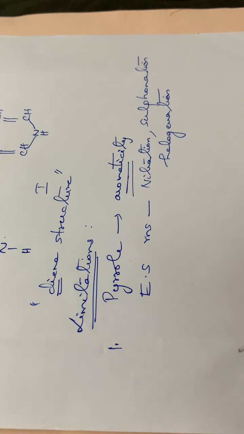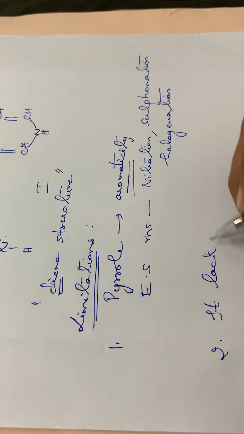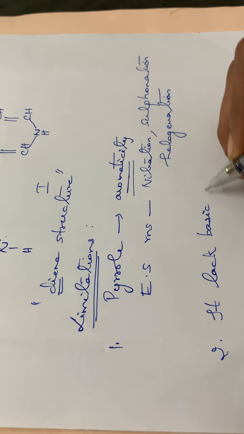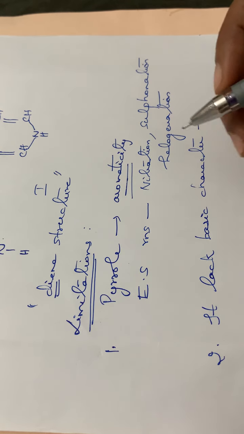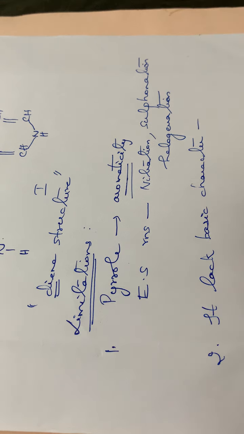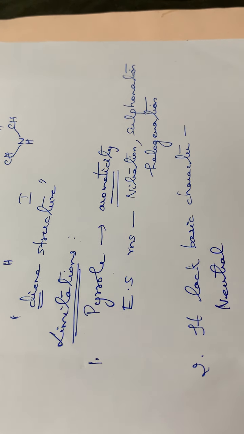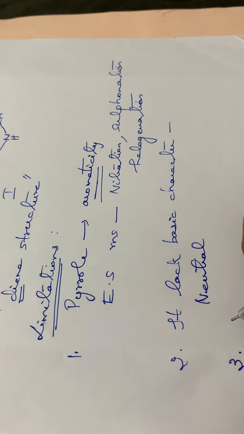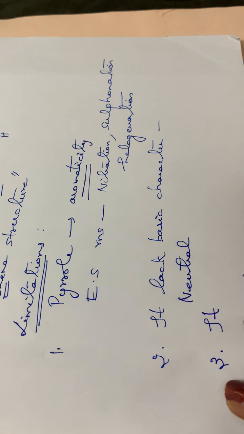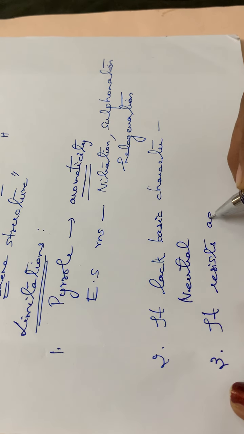Then the next is it lacks basic character, and pyrrole is almost neutral. That is the second point. Then the third point is that it does not give addition reactions, or it resists addition reactions.